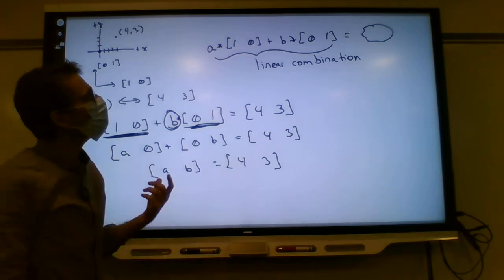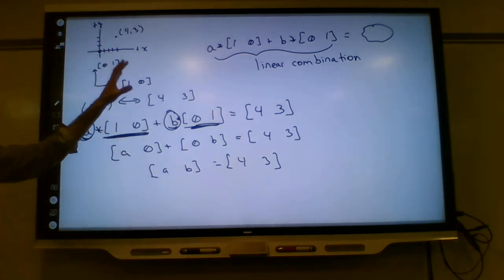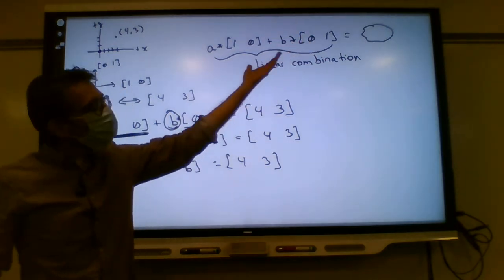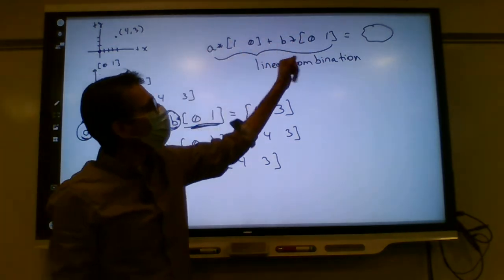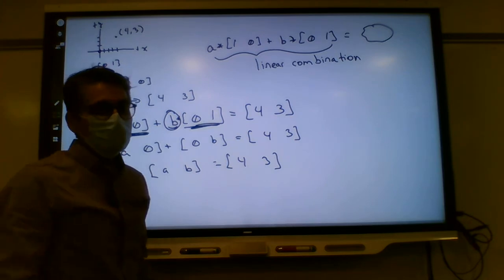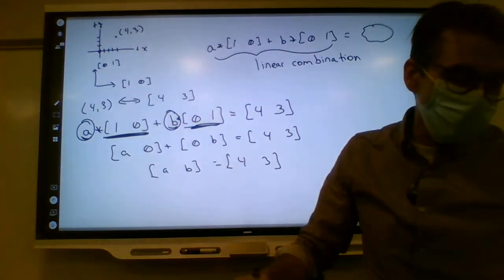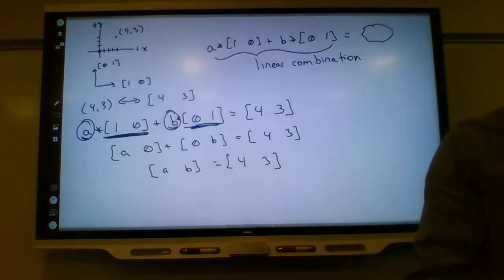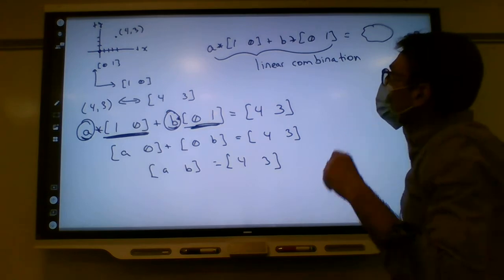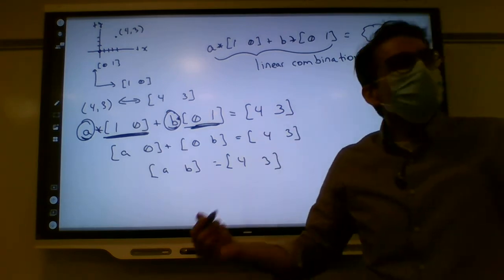All right, so a linear combination of vectors builds a new vector, or maybe builds an existing vector, but it builds a vector. And so in a linear combination, we have a and b are just numbers, and then we have the vectors. And so what happens if we wanted to build the vector 3, 5? What would we do? A is 3 and b is 5, right?